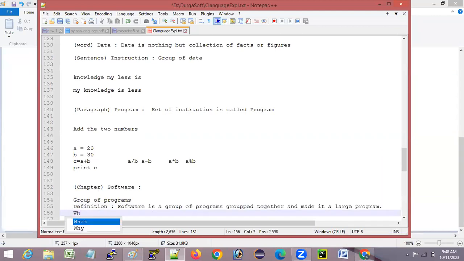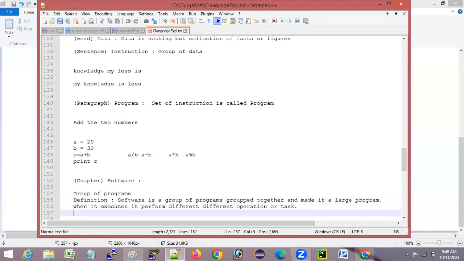When it executes, it performs different operations or tasks. See here, this is called the definition of software. Now, one by one, see what the definition we have: software is a group of programs grouped together and made into a large program. When it executes, it performs different operations or tasks.